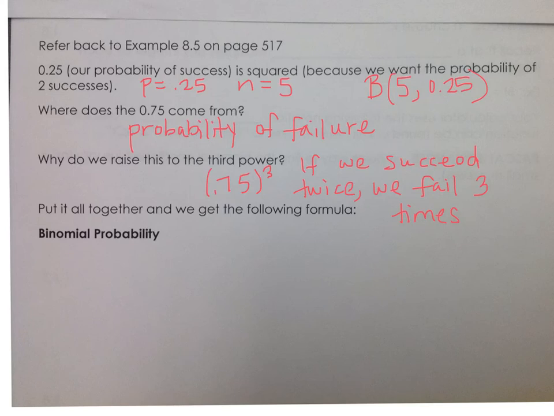To refer just back up here quickly, our 0.25 is squared because we want the probability of 2 successes. So if we put it all together, then we have 0.25 to the second power, so a 25% chance of succeeding twice, a 75% chance of failing 3 times, and we want all the rearrangements.